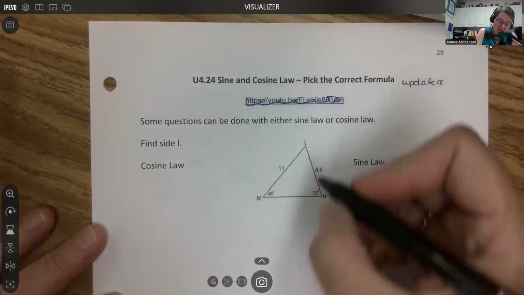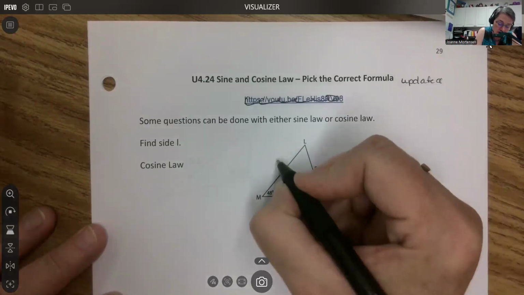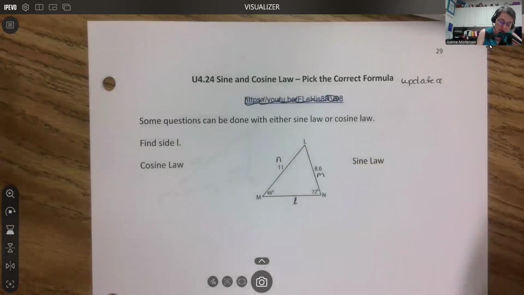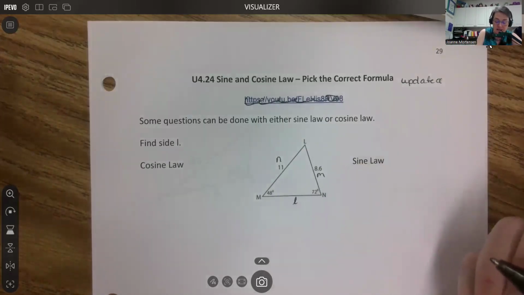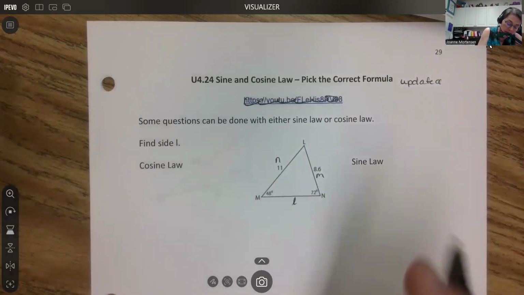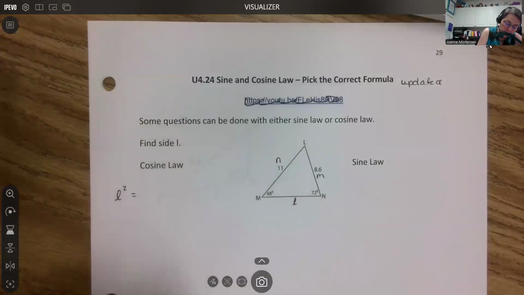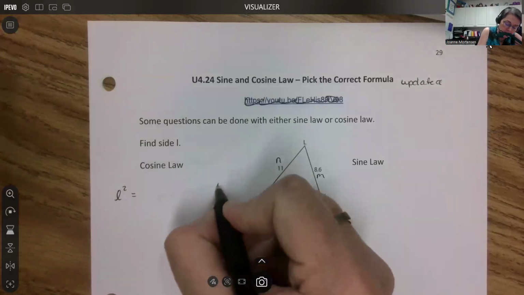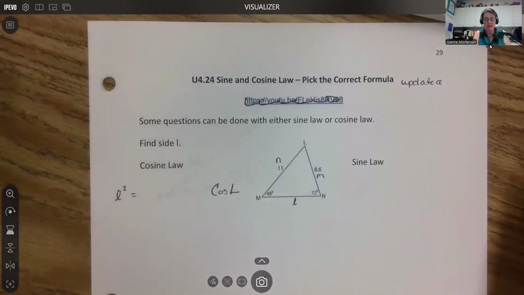All right, we're supposed to find side L. There's L, there's M, and there's N. So to find L, we need L squared is equal to, and I know it's going to be cos L down here. Now my brain just said, hold it.